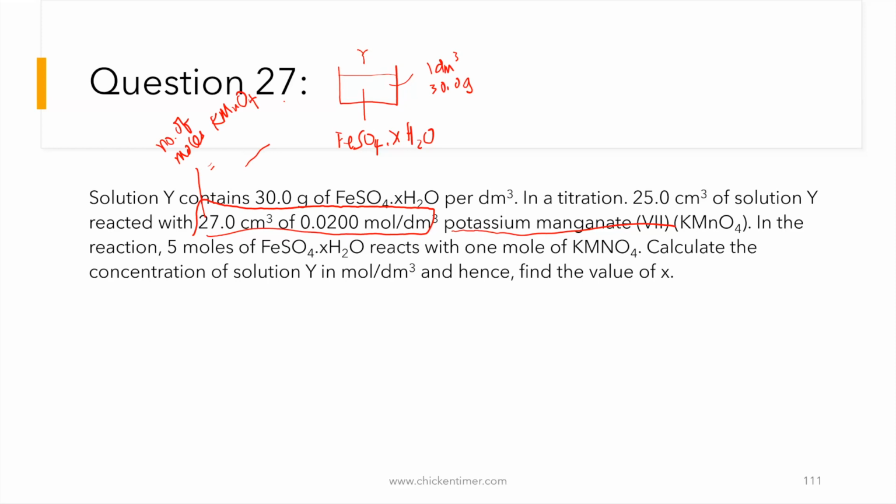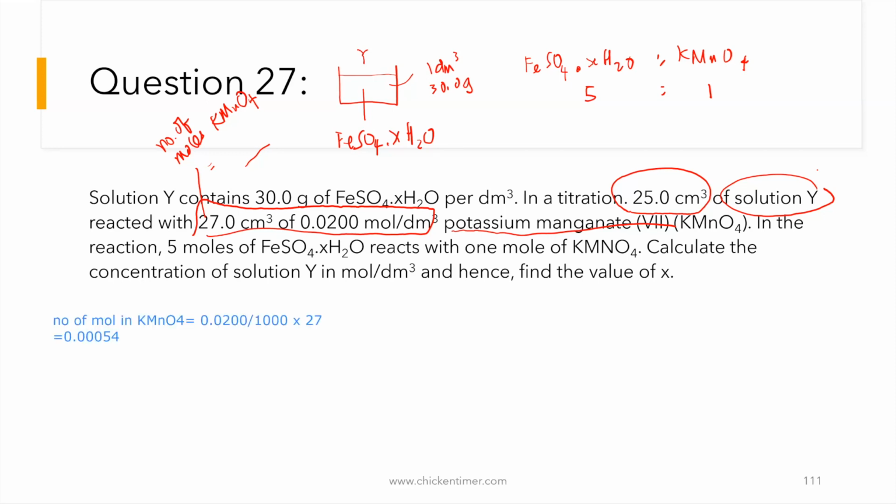Then the story continues and tells you that 5 moles of iron sulfate reacts with 1 mole of KMnO4. In the titration, we need 25 cubic centimeter of Y. So we'll let you find the number of moles of KMnO4 first. The number of moles of KMnO4 is correct.